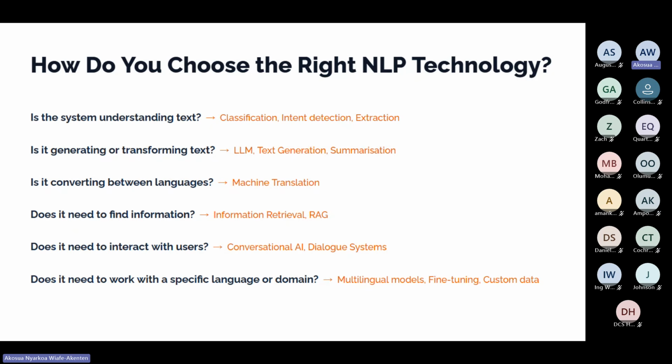And then you'd realize that this is the category you should be thinking of. Then, is your solution generating or transforming text? If the system needs to produce some new text or transform existing text, then you may want to consider large language models, text generation tasks, or summarization.